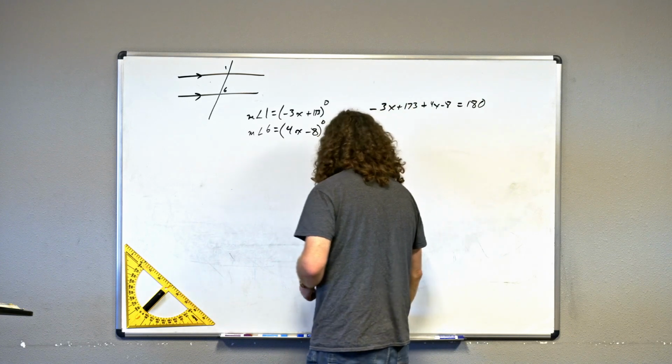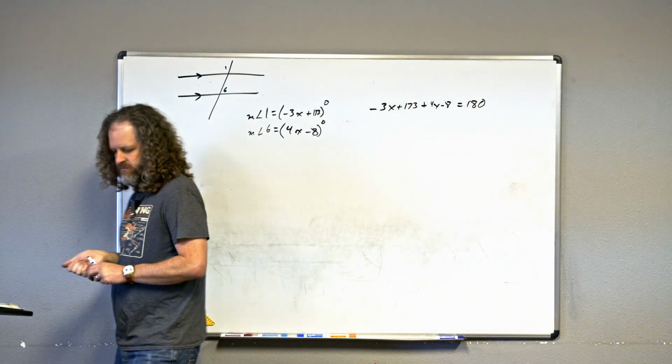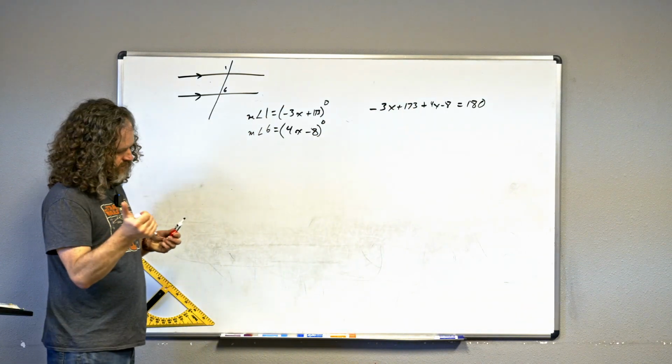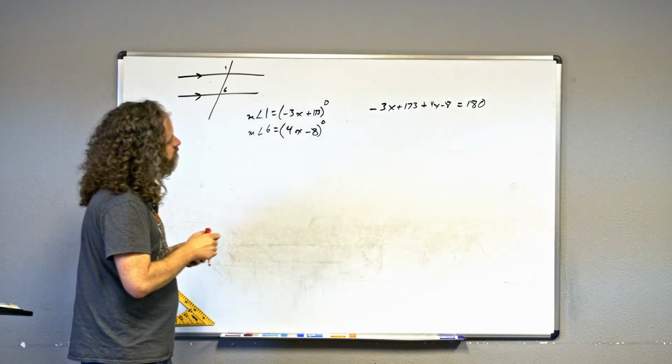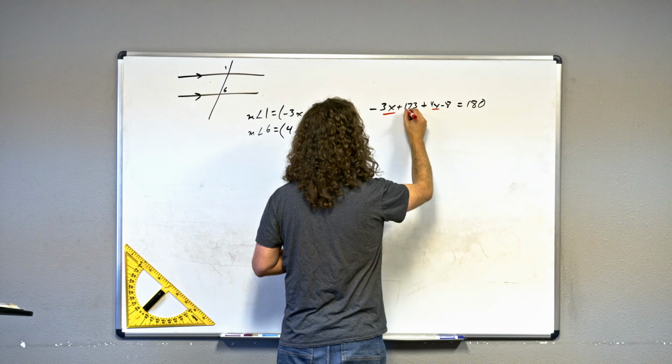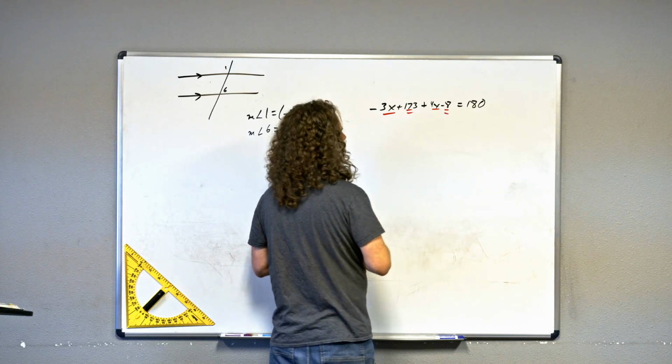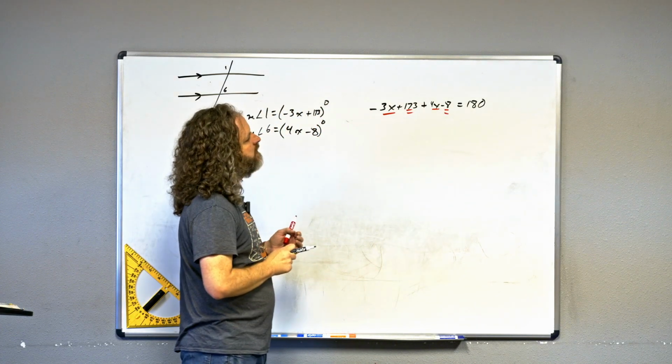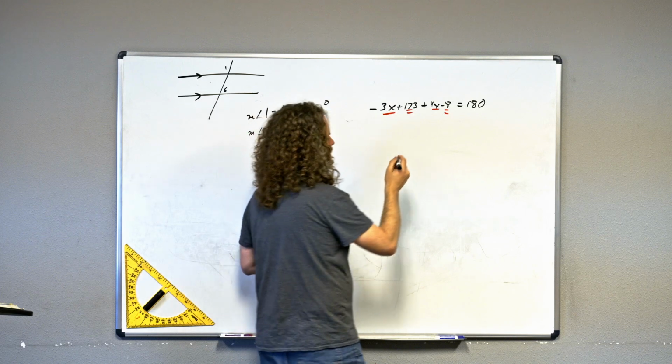Now what would we do? Combine like terms. So that one with that one, and this one with that one. So negative 3x plus 4x is what? X. Yep.